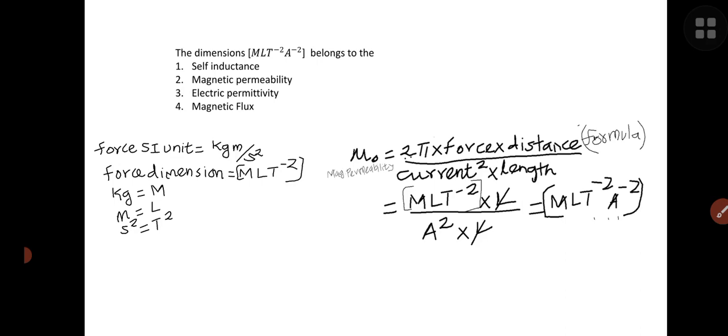So the right answer is option 2, magnetic permeability.